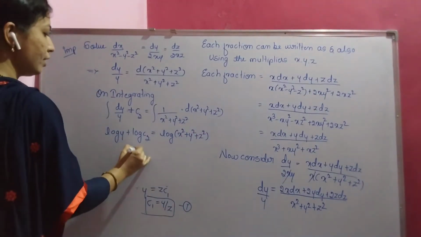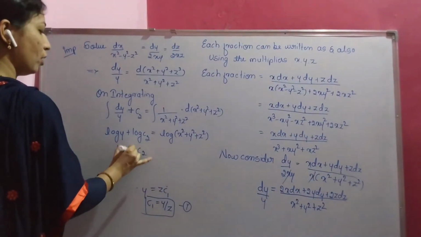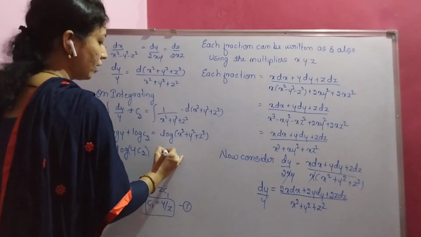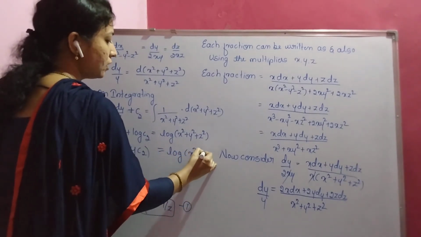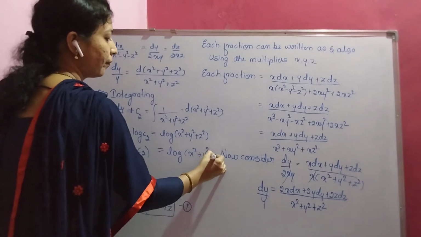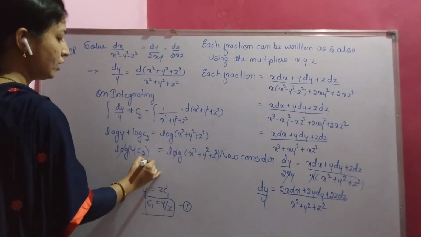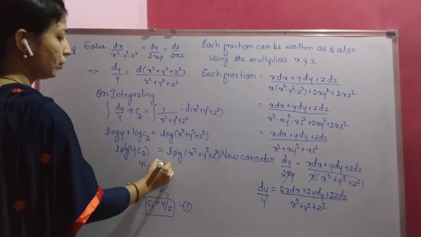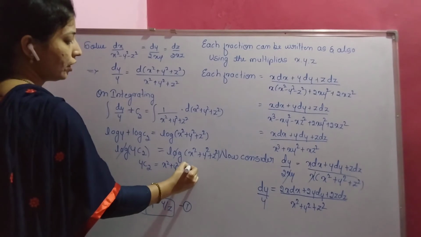Then here it is log of y into c2, since log u plus log v is log of u v, and this is equal to log of x square plus y square plus z square. And again the term log gets cancelled, so we have y into c2 is equal to x square plus y square plus z square.